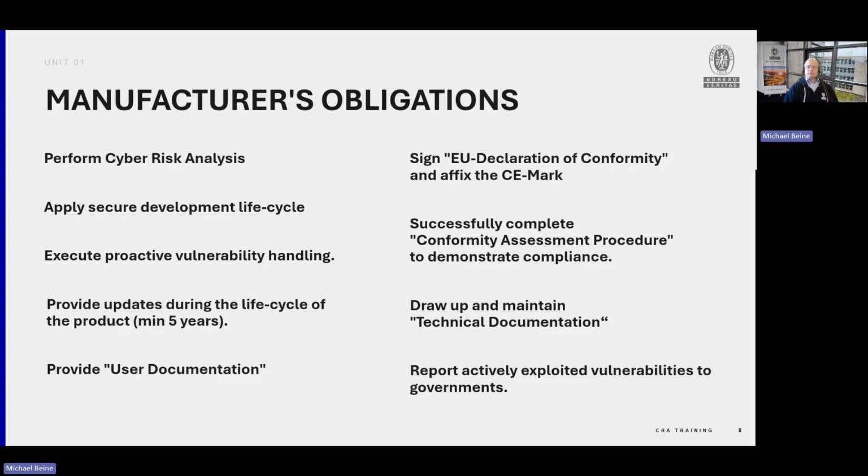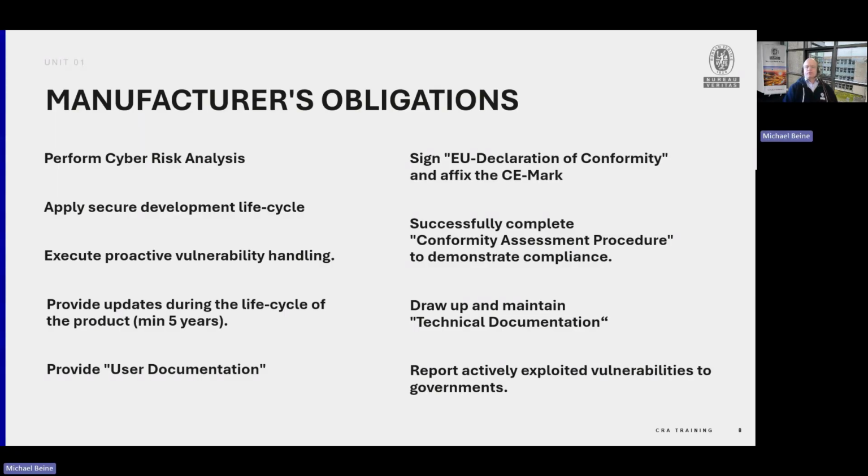And then the manufacturer has to draw up technical documentation, further details about the design and making of the product, so that authorities, market surveillance authorities, have a basis to assess the compliance. This technical documentation is not necessarily public.